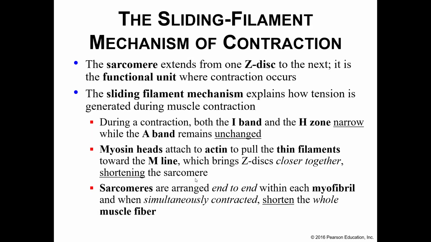This shortens the overall sarcomere. We said that myofibrils had sarcomere after sarcomere after sarcomere. So with each myofibril contraction, we simultaneously contract all of them, really. This collectively shortens the whole muscle fiber.